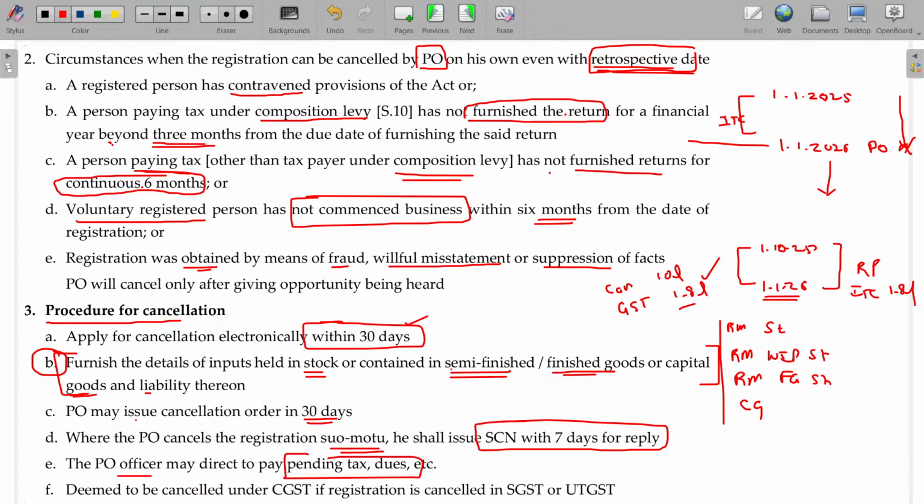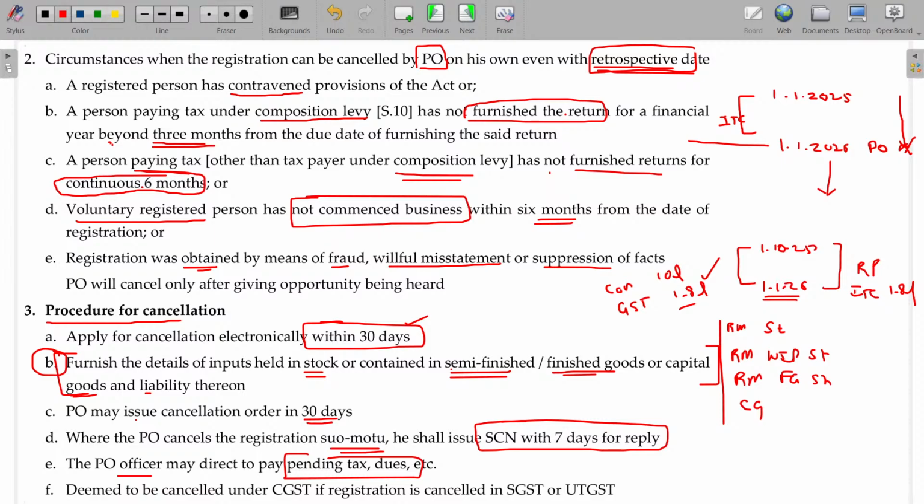Why will you be eligible for ITC? Because using this material you will manufacture finished goods which are going to be taxable, and further you have to pay the tax. If you are going to be an unregistered person, you are not eligible for claiming the ITC. But if you are the registered person, you have to pay the tax and you can claim the ITC.